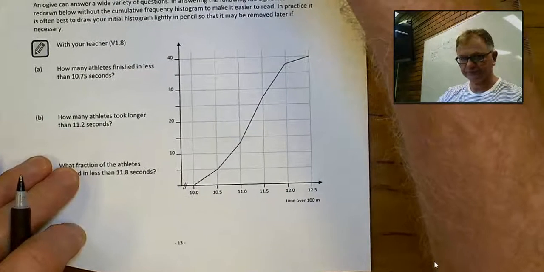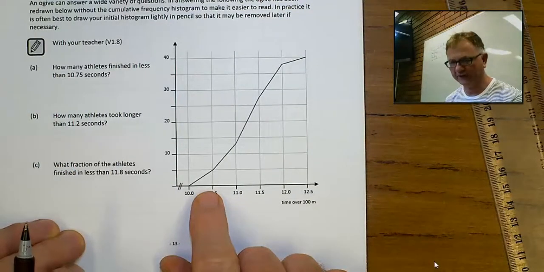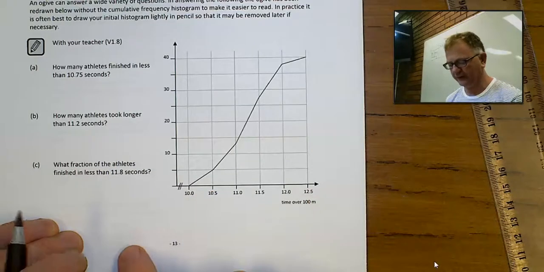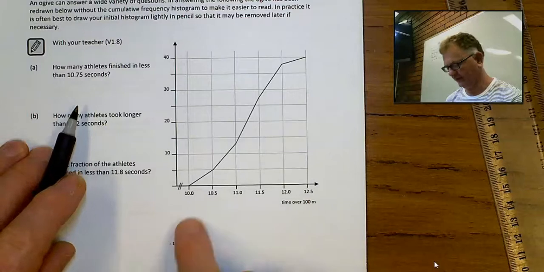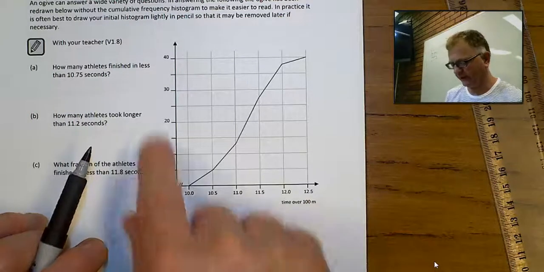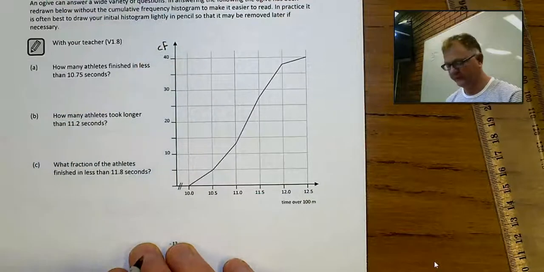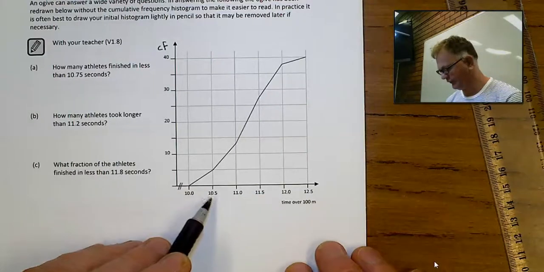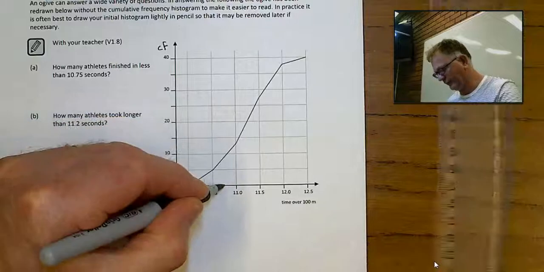At the bottom of the page here, I've redrawn that ogive, this time without the histogram. It just makes it a little easier to see. If I want to find the number of athletes that finished in less than 10.75 seconds, I've got the times here, and up here I should have the cumulative frequency marked. That's the number of athletes. So if I want to know who finished in 10.75, there's 10.5, 11 seconds, 10.75 will be exactly in between them.